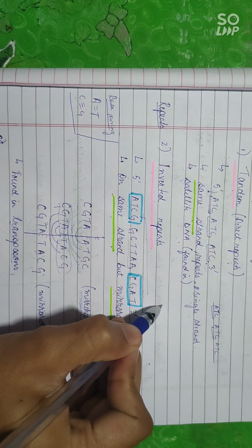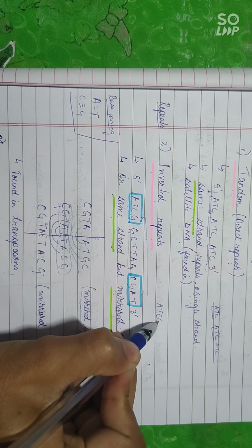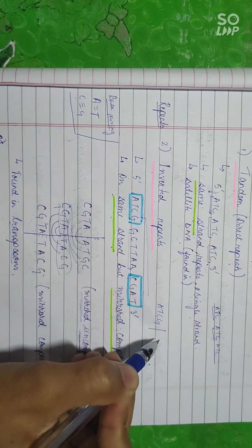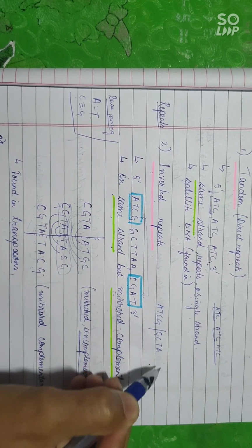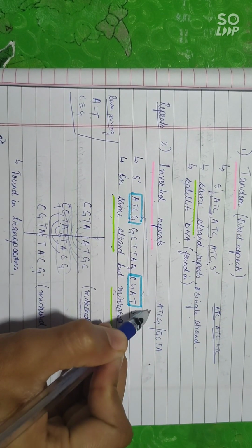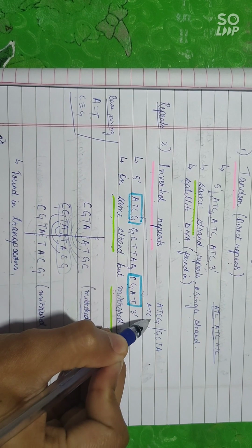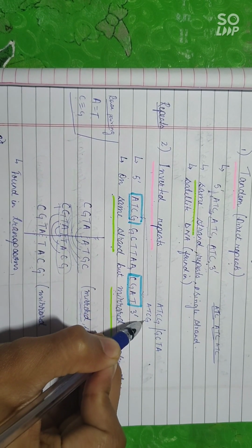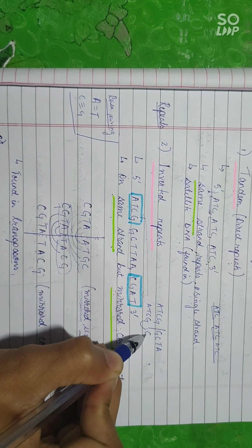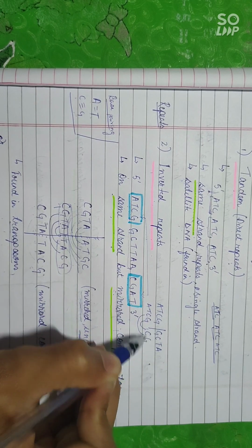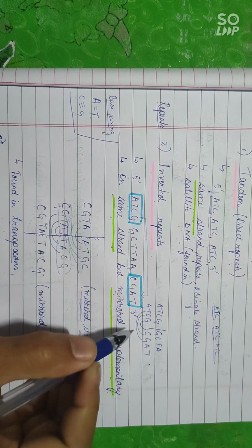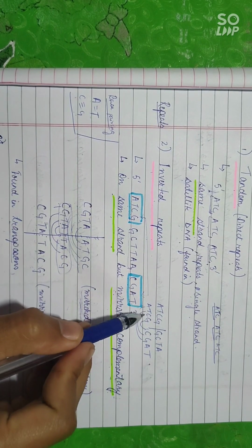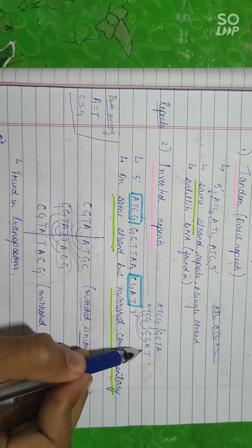Here, have a look at this. ATCG. The mirror image would be GCTA without any complementation. But if we take the complementary mirror image of ATCG, for G we have C, for C we have G, for T we have A, and for A we have T. So the mirror complementation of ATCG would be CGAT.